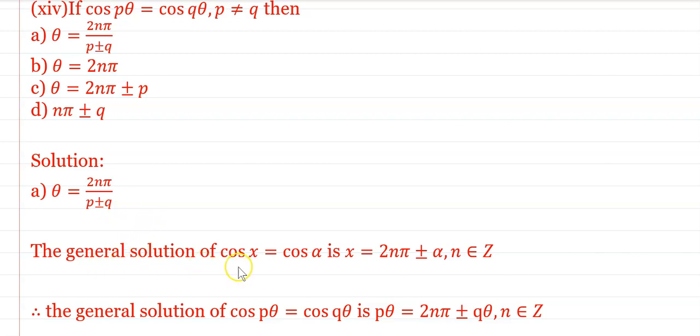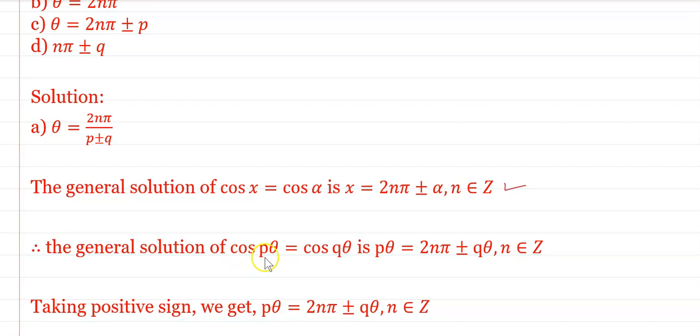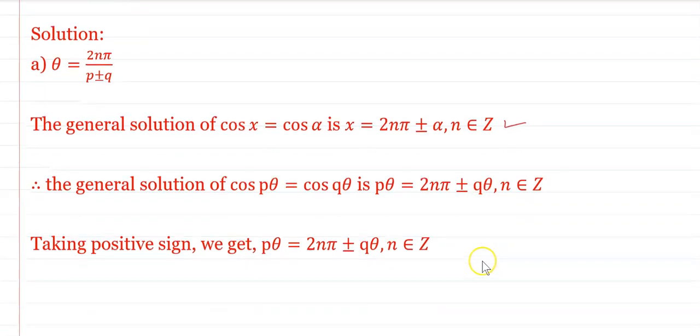The general solution again we have seen, cos x is equal to cos alpha is x is equal to 2n pi plus or minus alpha where n belongs to Z. Similarly here the general solution of cos p theta is equal to cos q theta is, here x is replaced by p theta, alpha is replaced by q theta, simplify for the theta.